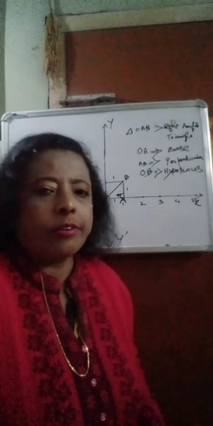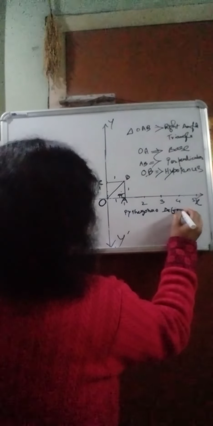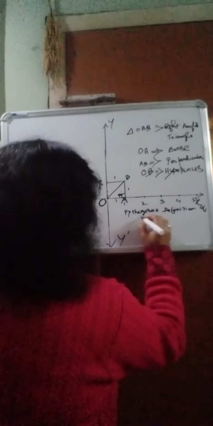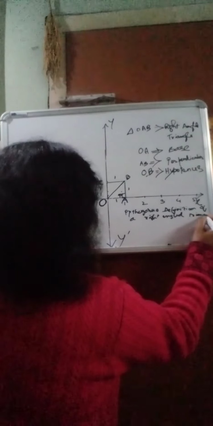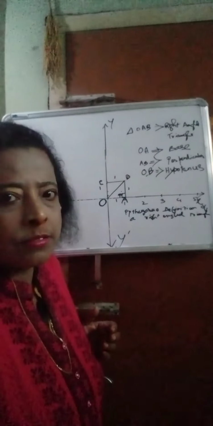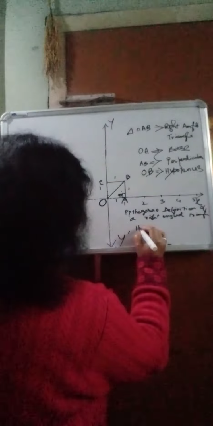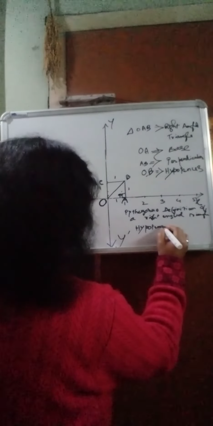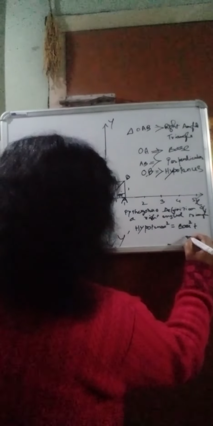Now, according to the Pythagoras definition of a right angle triangle, the hypotenuse square is equal to base square plus perpendicular square.